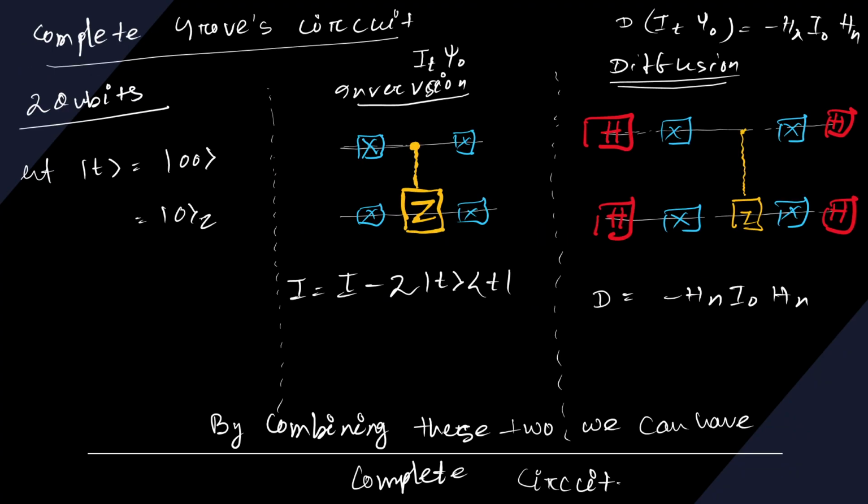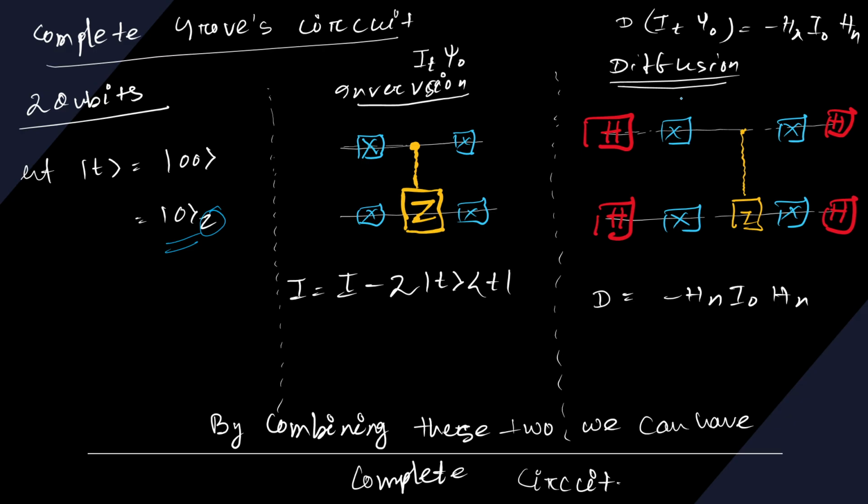Now let's get to the gate structure. The complete gate structure will be like this. For 2 qubits, let's suppose my target state is 00. I can represent it as this, that is 0, making it 2 qubits. So for the inversion operator, I will have X gates, 2 X gates, and in between there is a Z gate.